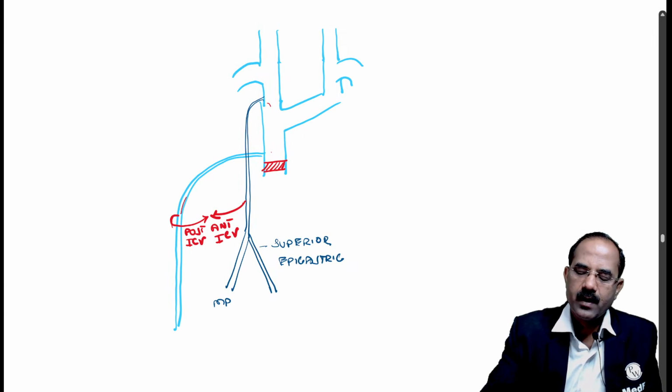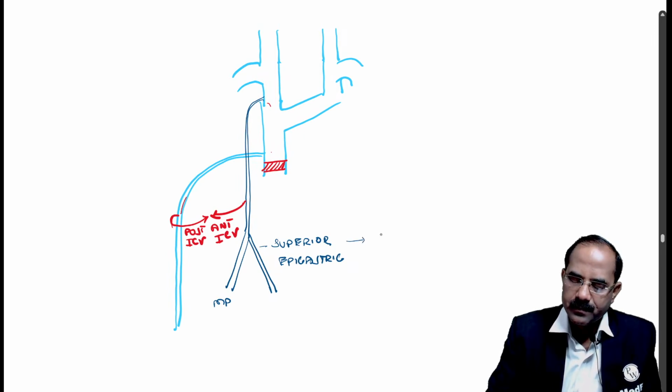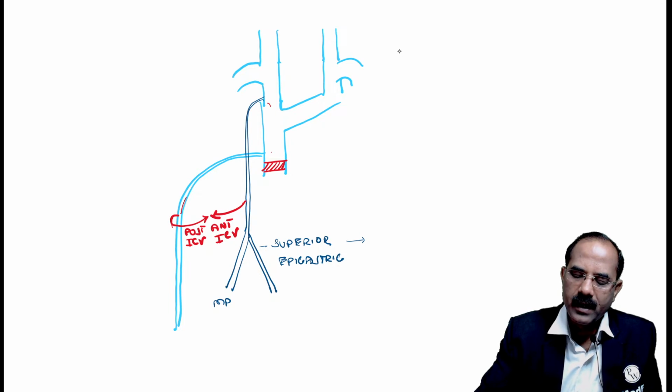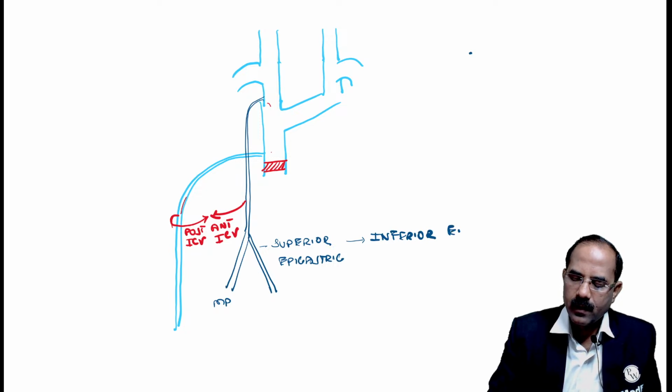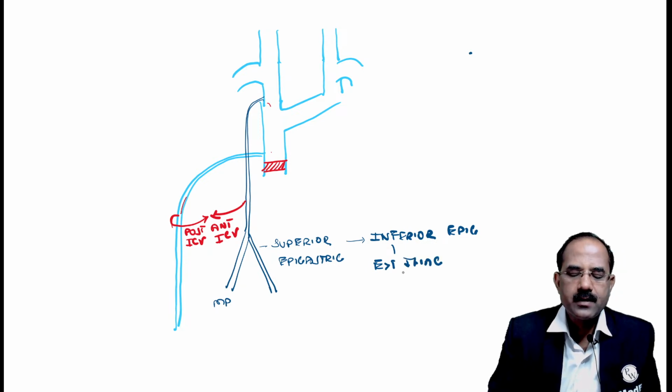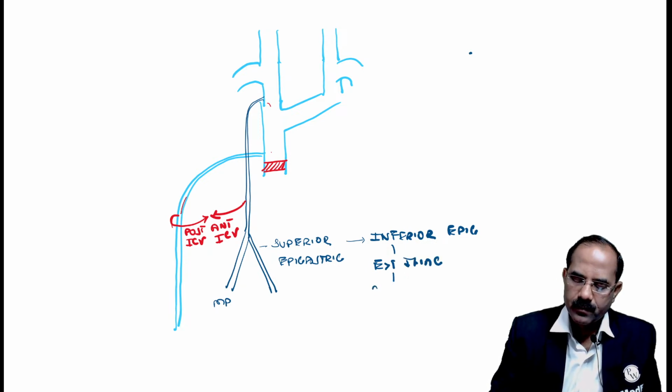Look here. So superior epigastric, then inferior epigastric, which drains into external iliac, common iliacs, IVC, right atrium.